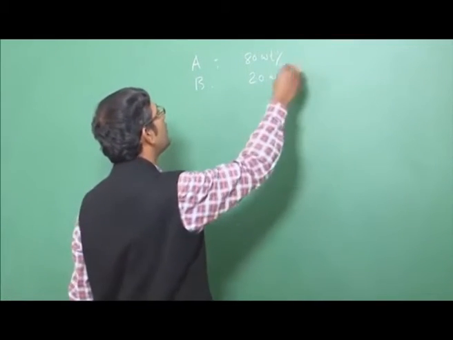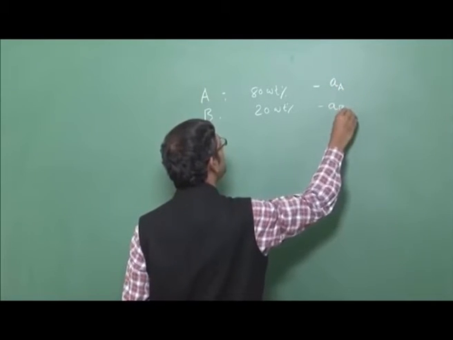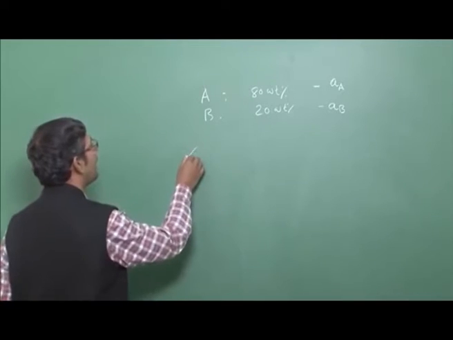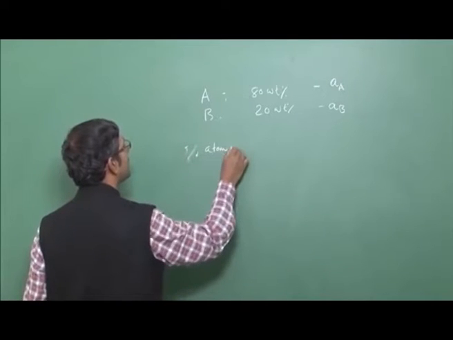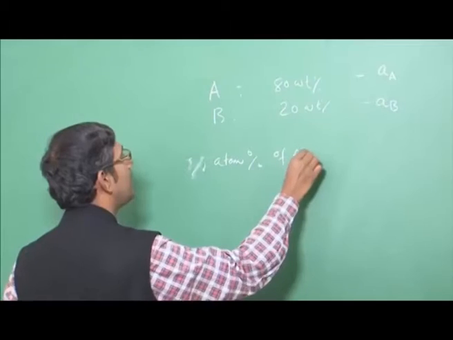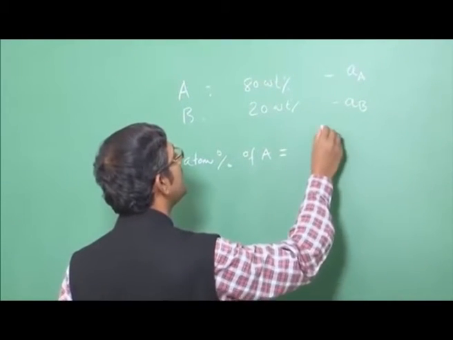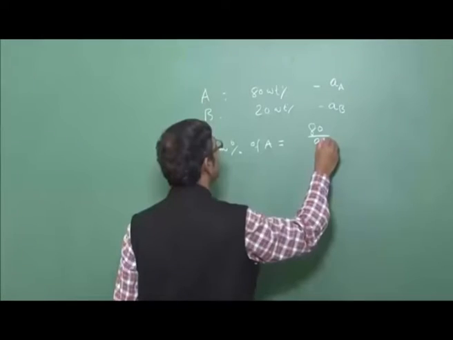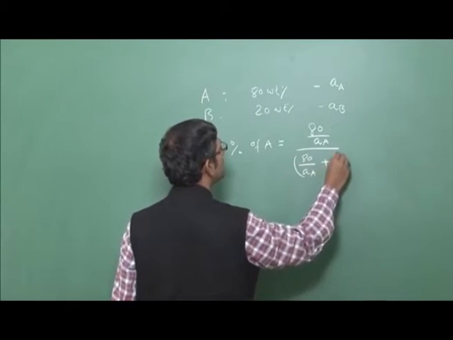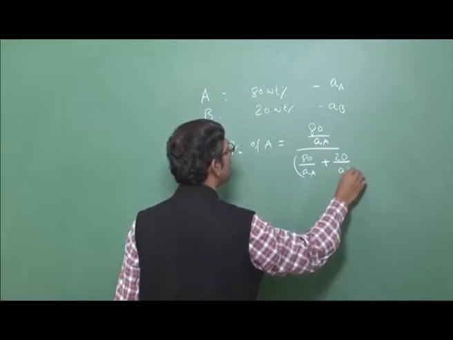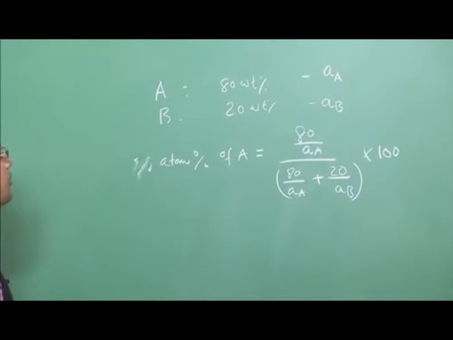If I know the atomic weight of A, suppose it is AA, and the atomic weight of B is AB, then I can easily calculate the atomic percentage of A, which is equal to the weight percent divided by the atomic weight: 80 divided by AA, divided by 80 by AA plus 20 by AB, into 100. That is all. It will give you the atom percent of A.